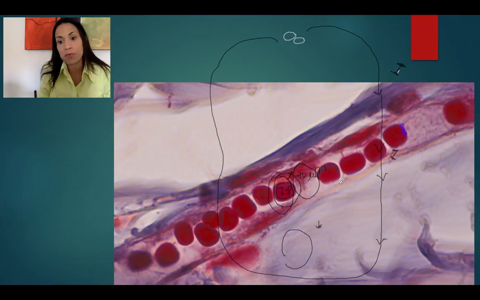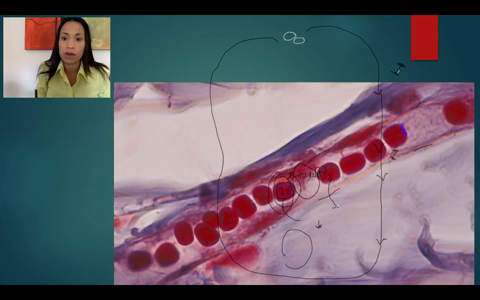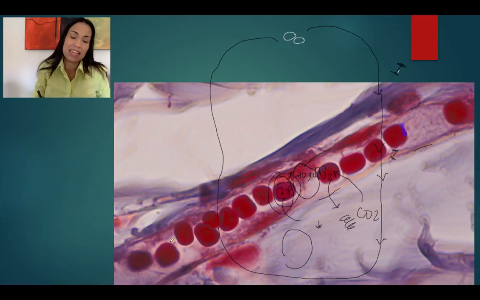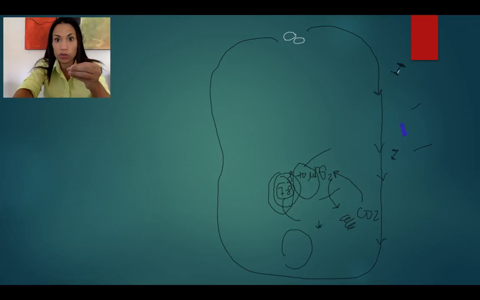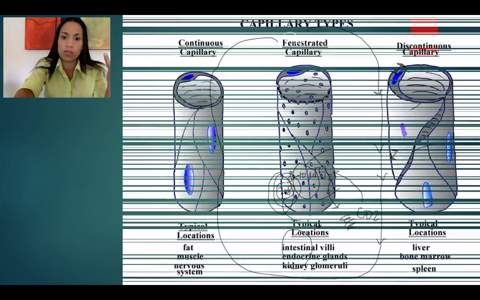Okay, again, remember the wall of the capillaries is only formed by one layer of cells, and that cell is flat, to facilitate the exchange. If this is oxygenated blood, it is going to give up the oxygen to this tissue, and the CO2 present in this tissue is going to be picked up by that red blood cell, and then we continue to deliver that deoxygenated or oxygenated blood, depending on the location of that capillary bed, into the veins.